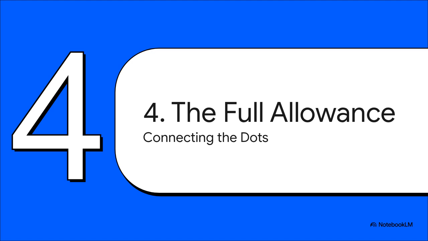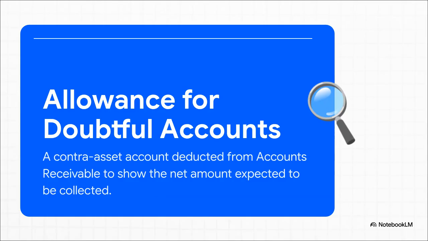Okay, so we've got our expense. We made the journal entry. But where did that P850,000 credit actually go? Let's pull back the curtain and see how it fits into the big picture. So, the allowance for doubtful accounts, or ADA, is what we call a contra asset. Think of it as a negative account that's always attached to accounts receivable. Its whole job is to shrink the gross value of your receivables down to what you actually think you can collect.